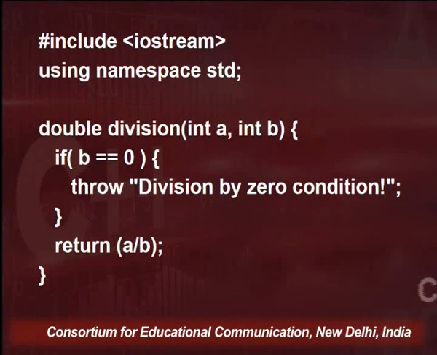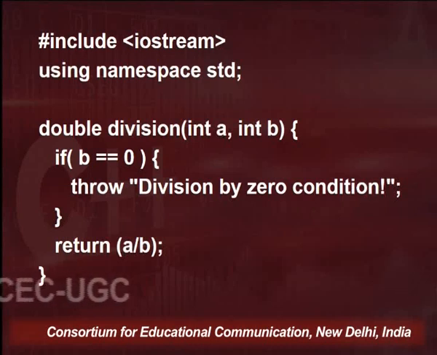Whenever a throw is encountered, the control is directly transferred to the catch statements and it will look for its corresponding catch statement. Whenever I say corresponding catch statement, that means it will look for the parameter of the catch statement whose type is going to match with the exception type.